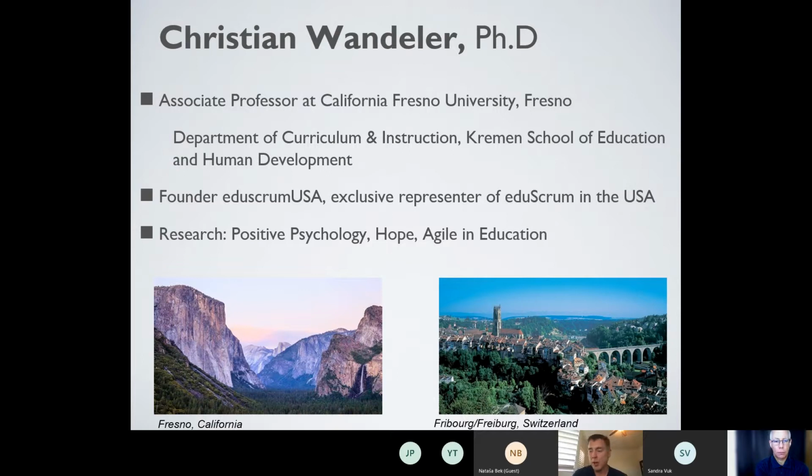It's a small country, but there are actually 4 official national languages, and French and German are 2 of them. The other 2 are Italian and Romansh. And wait, what was that last one? Romansh. That's a very special language. There are only about 200,000 people that speak this language in the world.